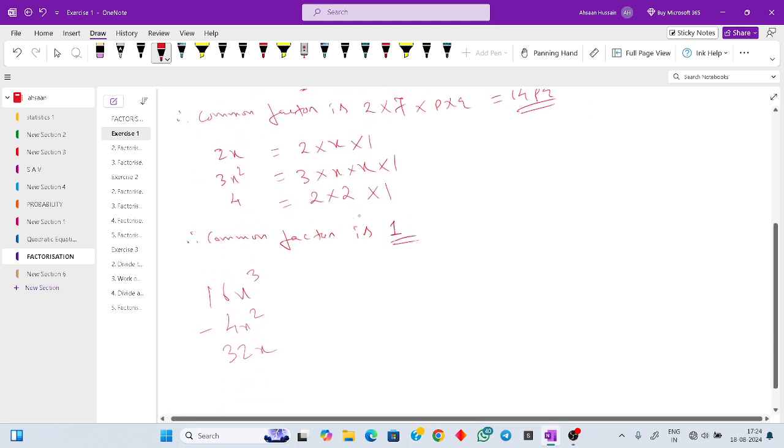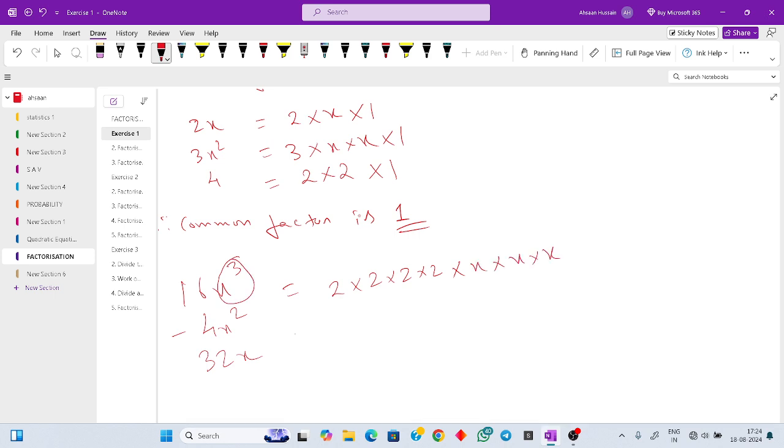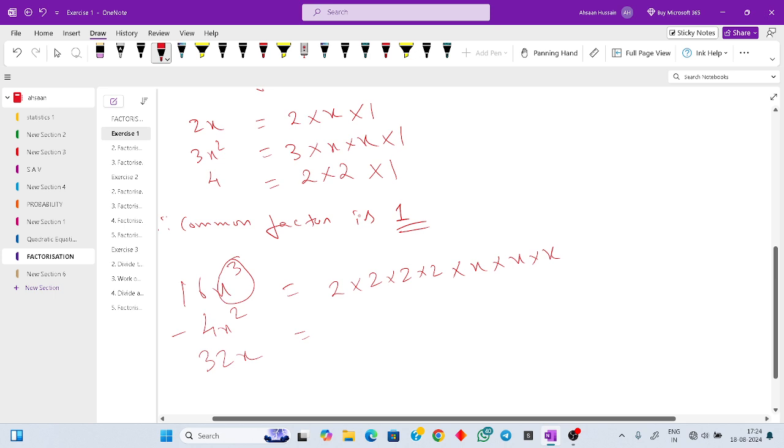So 16x cube means 2 into 2 into 2 into 2 multiplied by x power 3, which means x multiplied by x multiplied by x. Similarly, minus 4: first of all, if there is a negative sign, we'll write minus 1. Then we'll factorize this 4. So 4 basically means 2 multiplied by 2, and x square means x multiplied by x.